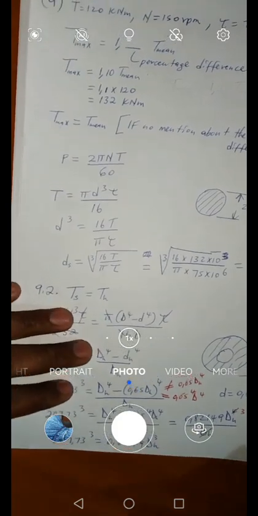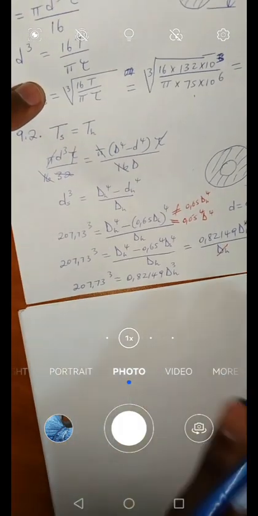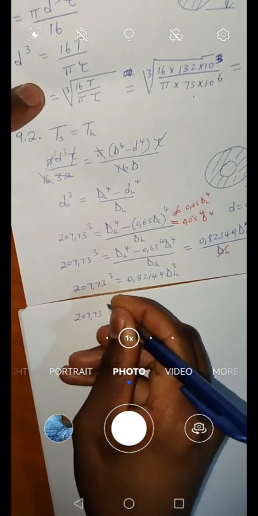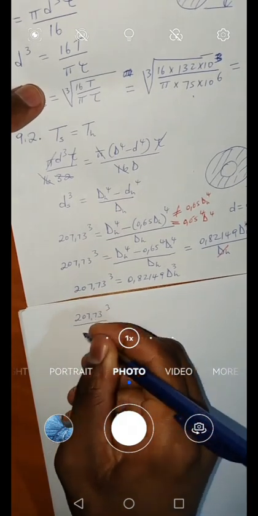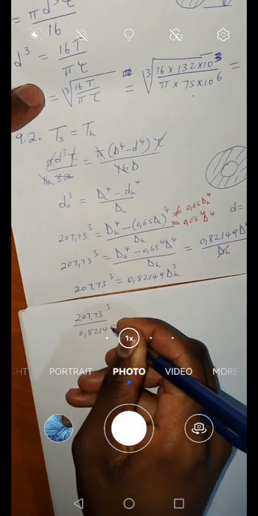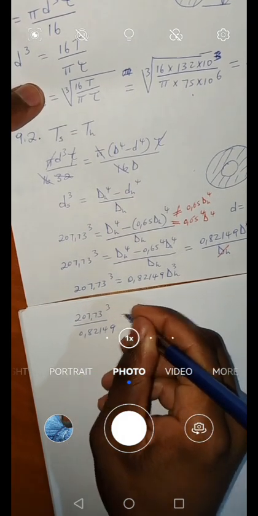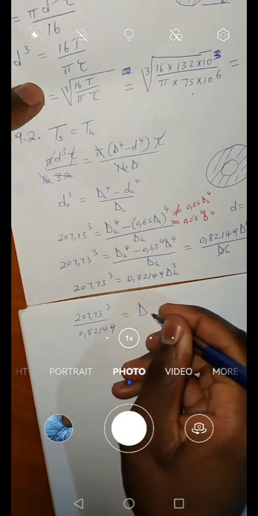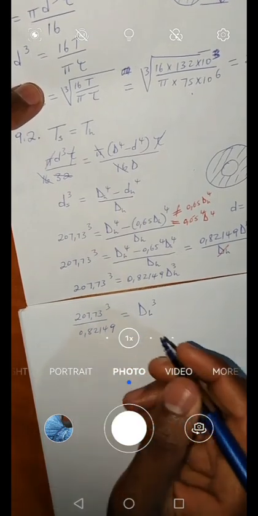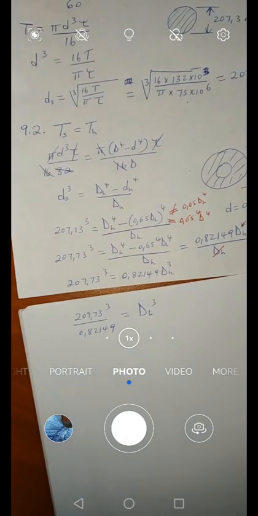So even here, your next step should be, from here you must first divide by this 207.73 cubed. You divide both sides by 0.82149. So you'll remain with this. Then from there, the cube root of this should be equals to dh.